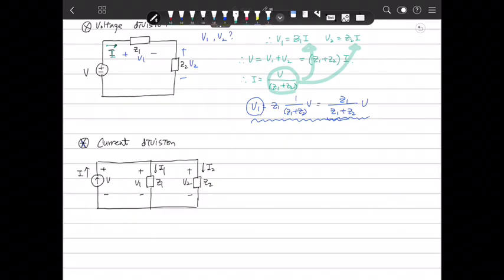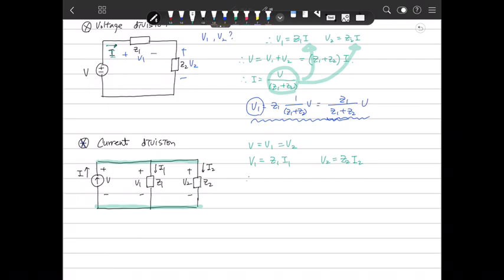Because this is common, we know that V is the same as V1 and V2. V, V1 and V2 are connected in parallel, so their voltages are all the same. Then, in the viewpoint of impedance 1, V1 is G1 I1, and V2 is G2 I2.